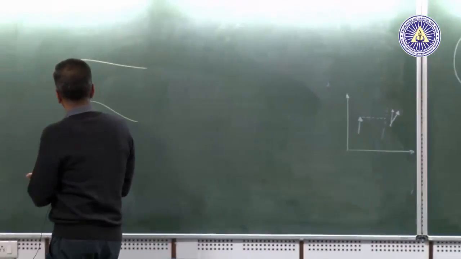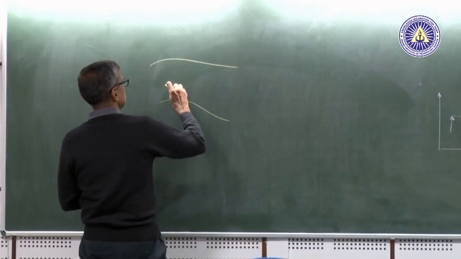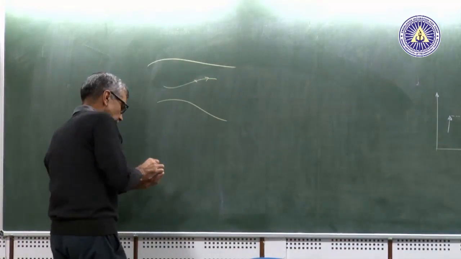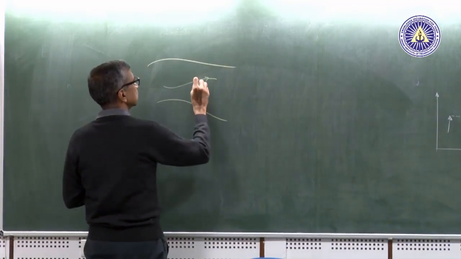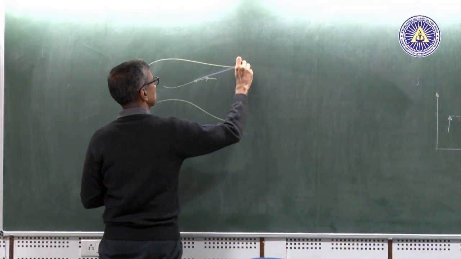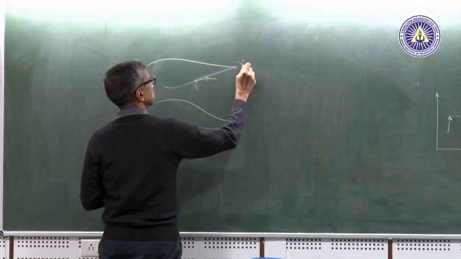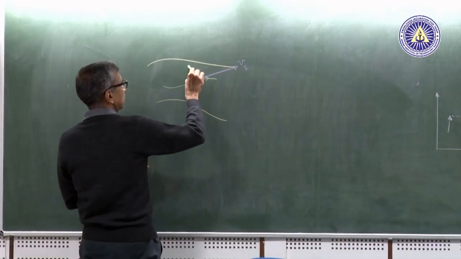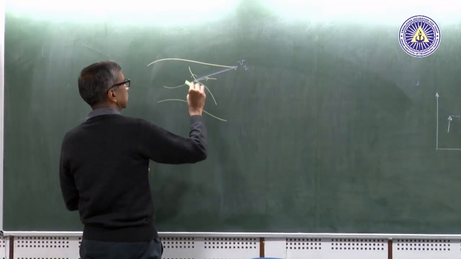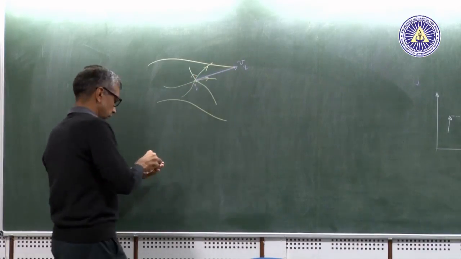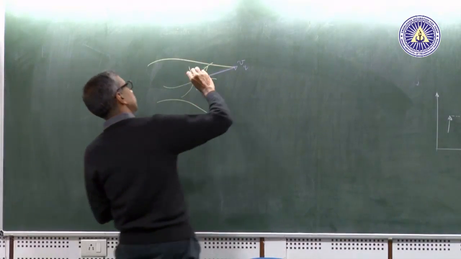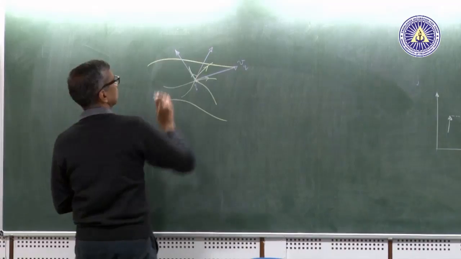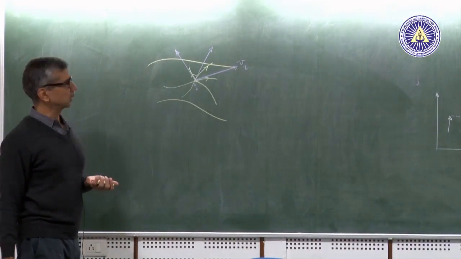So, let us say my system is evolving like this, right. At a particular point we all know that as a system moves there is something called a velocity vector. So, let us call this point q, this is the velocity at q. Now, I could have been moving through that point in various ways. I could have been going like this, I could have been going like this, and therefore, my velocity vector could have been this way, could have been this way, right.